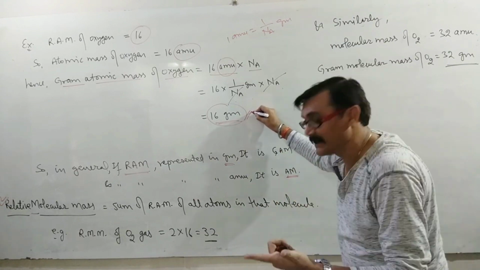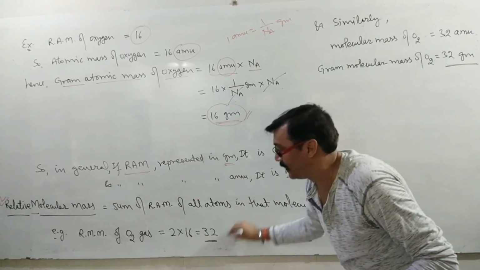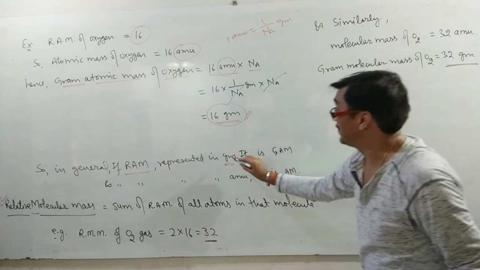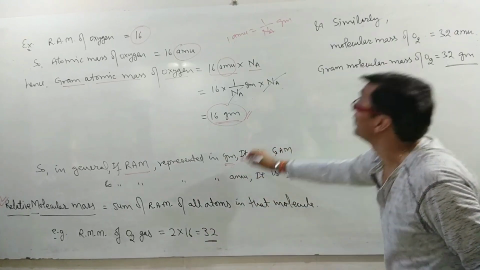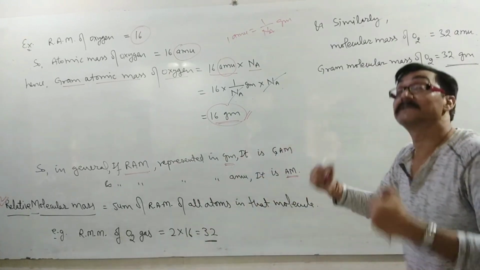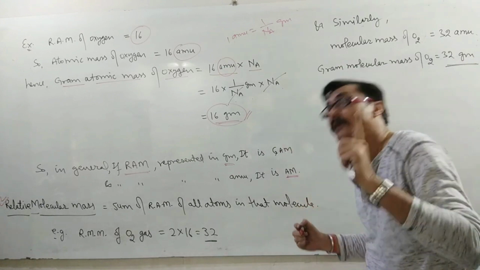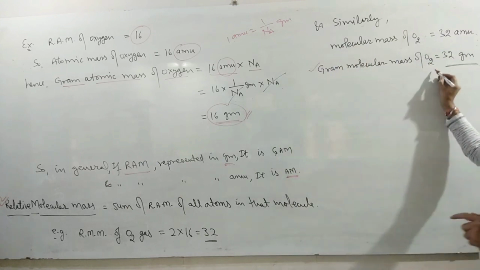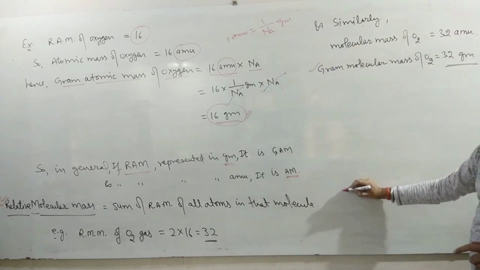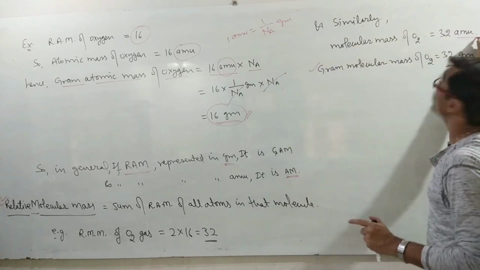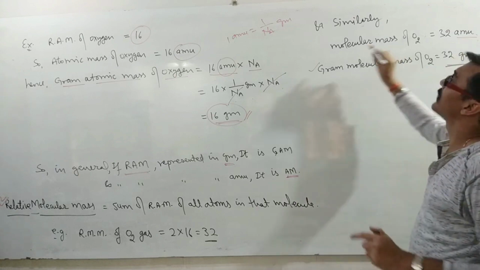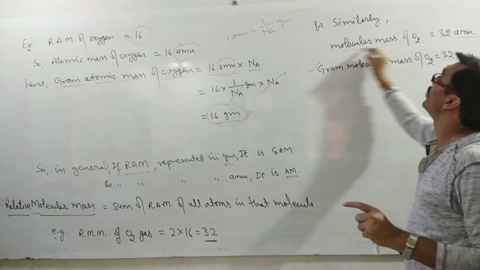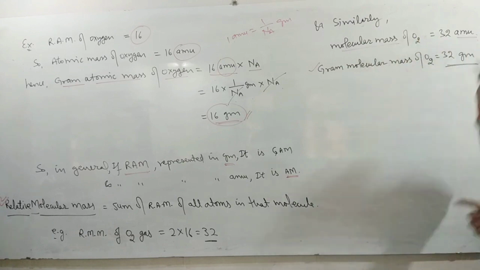We can also say that if the relative molecular mass is represented in gram, then it becomes the mass of 1 mole molecules, that is gram molecular mass, 32 gram. And if it is represented in AMU, then it becomes mass of 1 molecule, or molecular mass, 32 AMU.